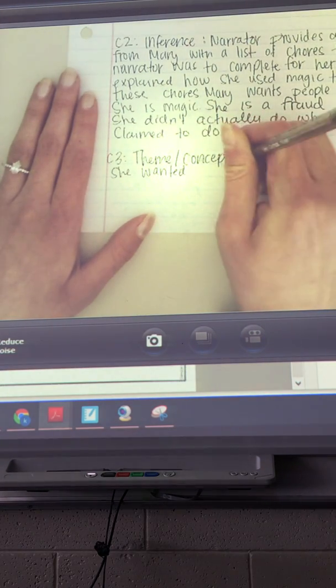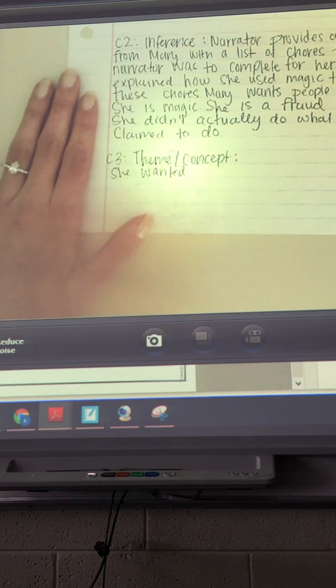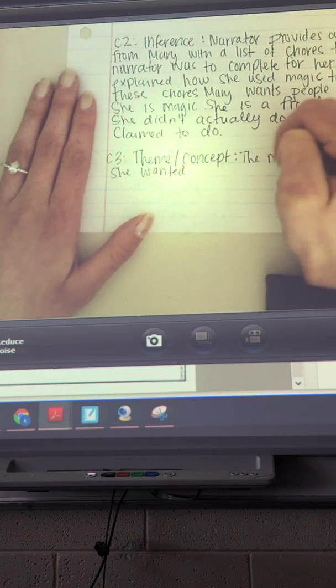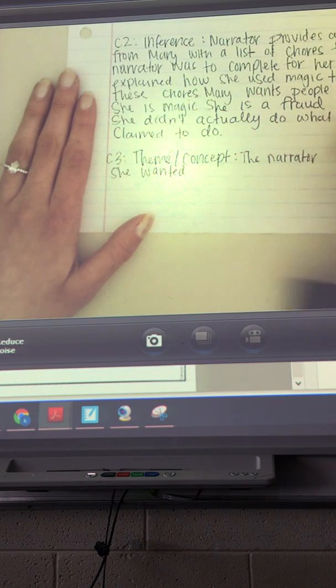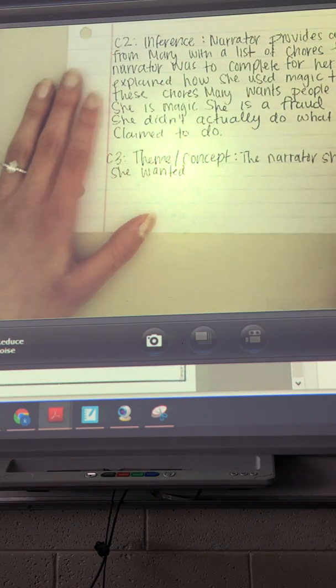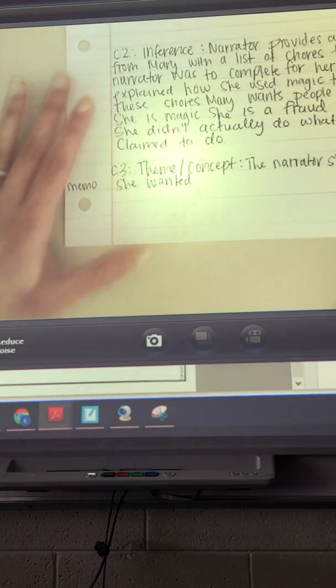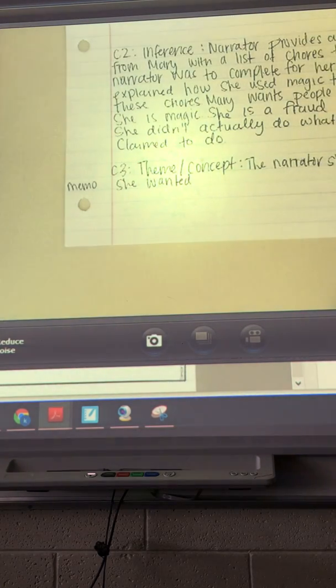I'm going to actually start up here. I want to restate the question in my wording. So I'm going to write, the narrator shared the memo. Grab some white out real quickly.